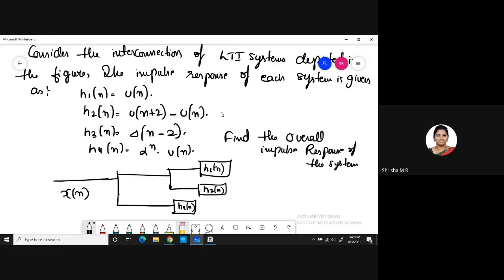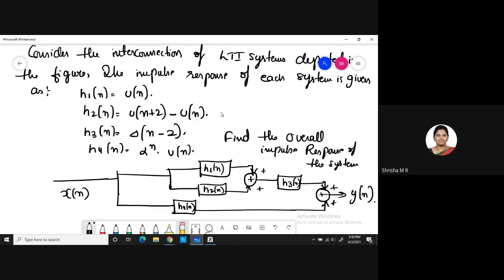So these two are added together, h1 of n and h2 of n. Then it's in series with h3 of n. So this whole thing is added again. So it is equal to y of n.